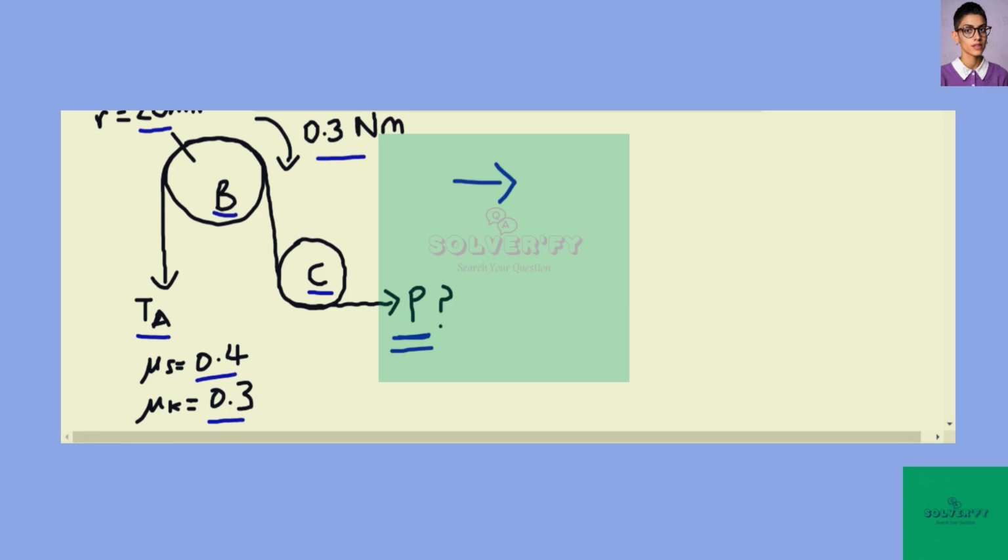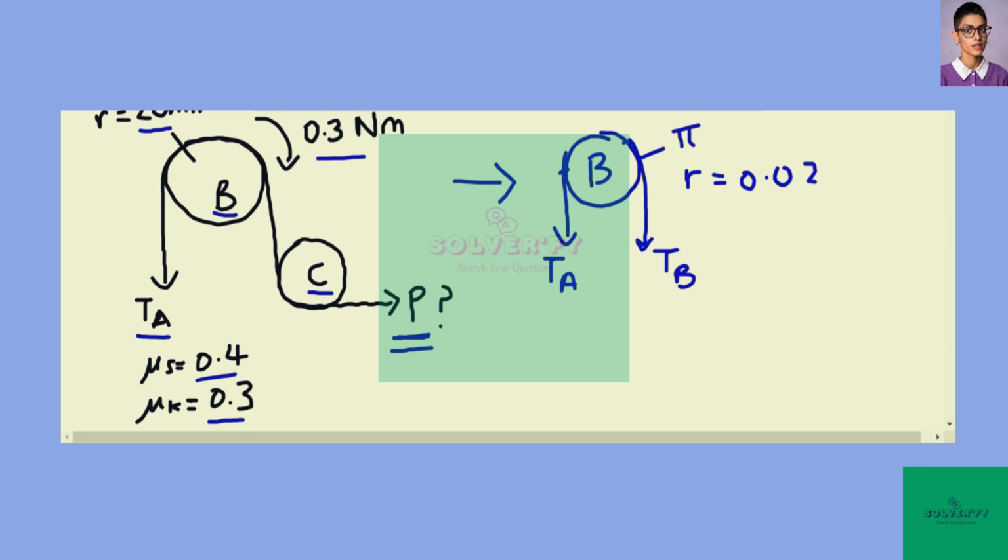So let's break this down into the two free body diagrams of wheel B and wheel C. So we have B over here, there's a force TA downwards, then another force, we'll call that TB. We have an angle of pi between the 2 points of contact. The radius is 20 millimeters or 0.02 meters.